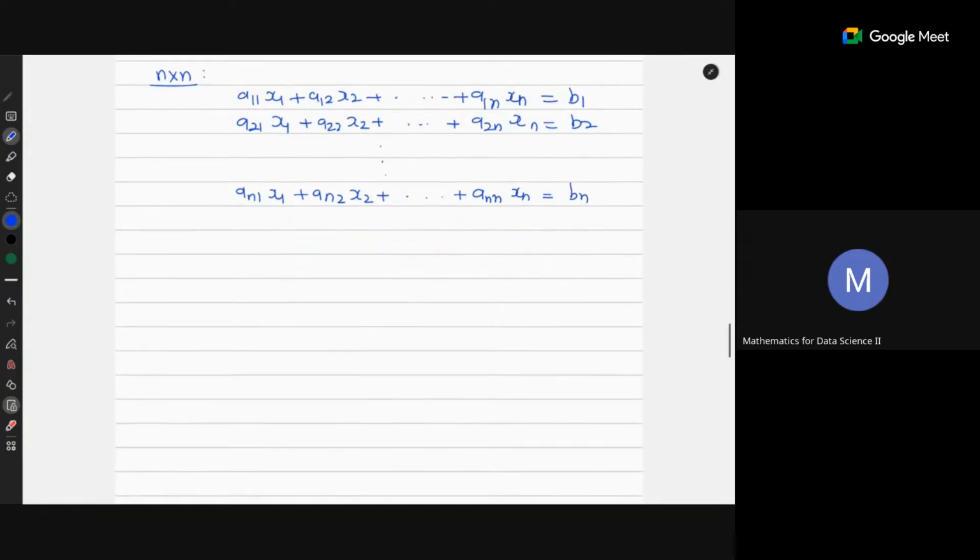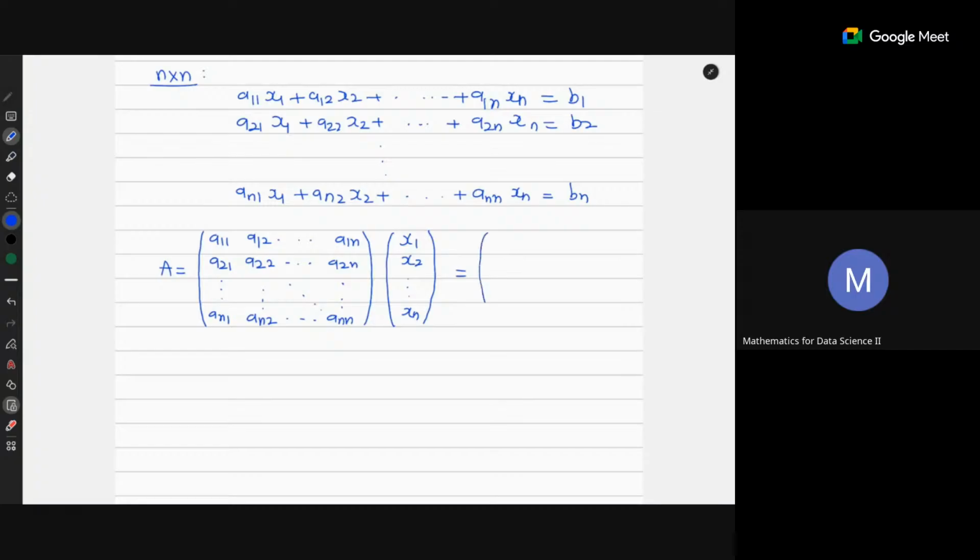Now, what is the corresponding coefficient matrix A? It will look like a11, a12, up to a1n, a21, a22, up to a2n, an1, an2, up to ann, multiplied with the unknown variable column vector, and equated to b1, b2 up to bn.